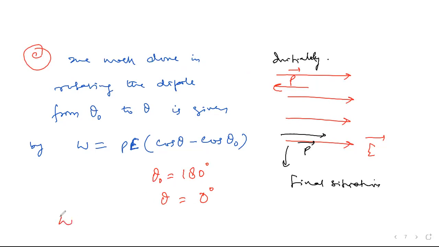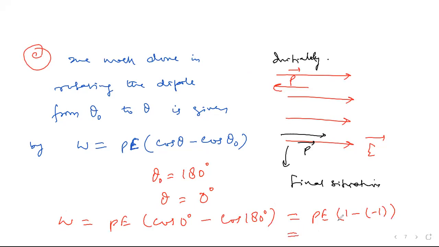So let us put the numbers. So when we put the numbers, we get PE cos 0 degree minus cos 180 degrees, which becomes PE, cos 0 is 1, minus cos 180 is minus 1.